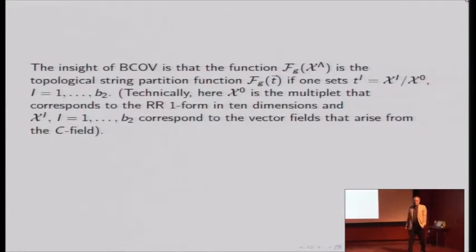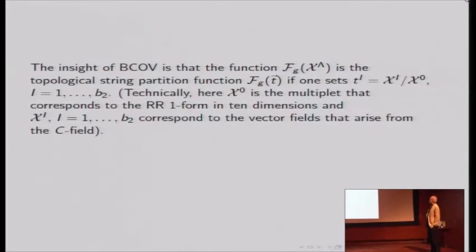Remember, there was one special U(1) gauge field that came from 10 dimensions. That's the one that appears in X^0. There are all the other guys that arise in compactification. So there are ratios X^i over X^0 that are in one-to-one correspondence with the gauge fields that come from compactification, and those are also in one-to-one correspondence with the topological string couplings.